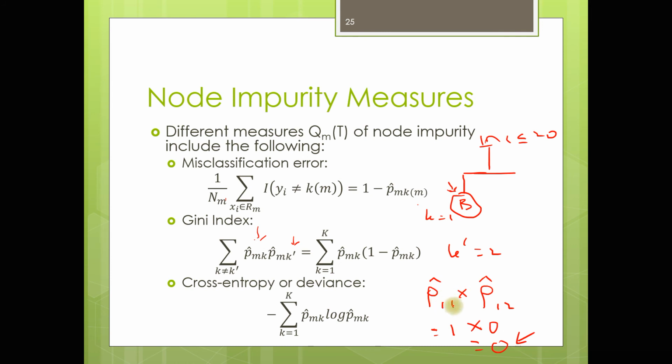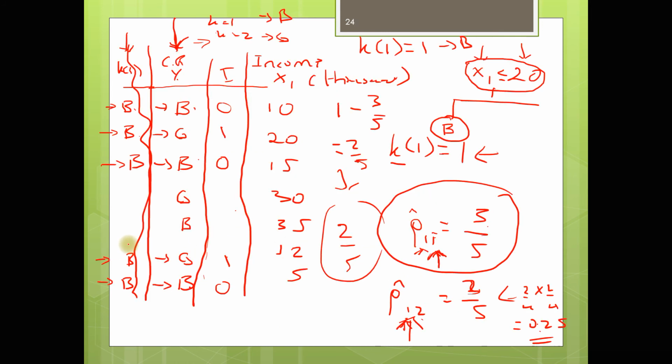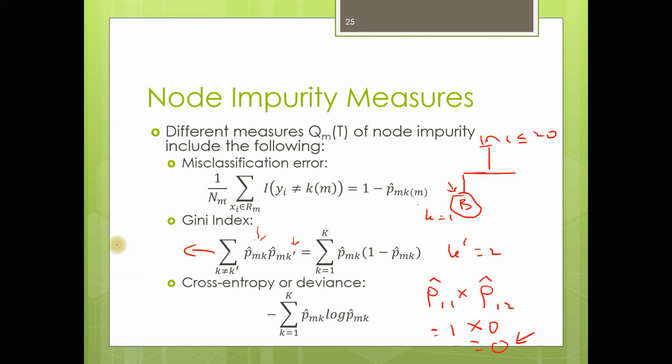But in our example, we still had the opportunity of classifying records as bad here. So the principle states that you need to take, in our example, 3 out of 5 multiplied by 2 out of 5. But the closer the value is to 0.5, obviously, the more impure the node is.